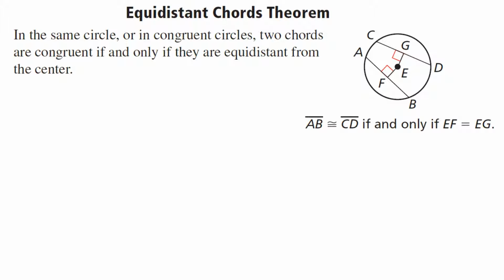So I know segment AB is congruent to segment CD if and only if distance EF equals distance EG. Again, perpendicular is a key thing here. If I did not know that those were 90-degree angles, I could not conclude anything.